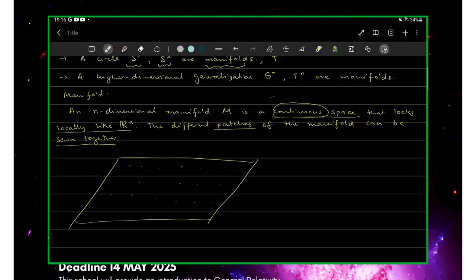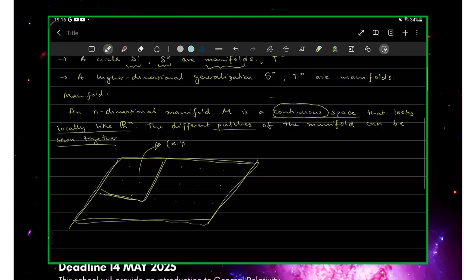In fact, more so, it is seen that we don't have one singular coordinate system that can define the whole of the manifold. We might need more than one coordinate system to define this manifold. So let's say I can define this patch of the manifold with simple Cartesian coordinates. Let's do very simple two-dimensional Cartesian coordinates, x, y.